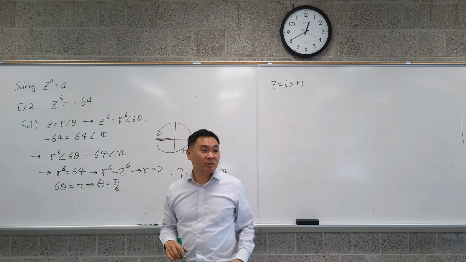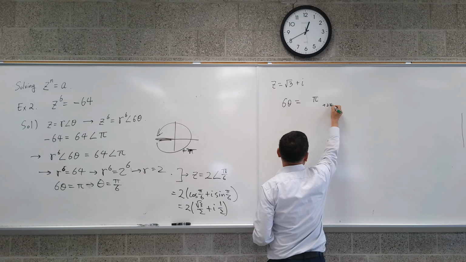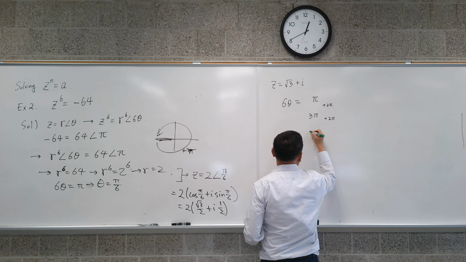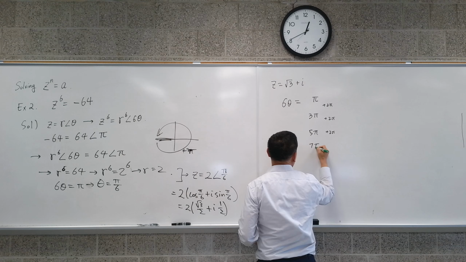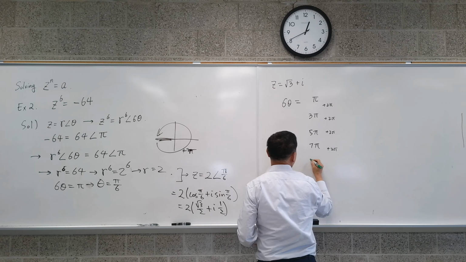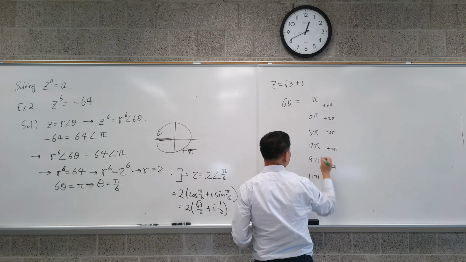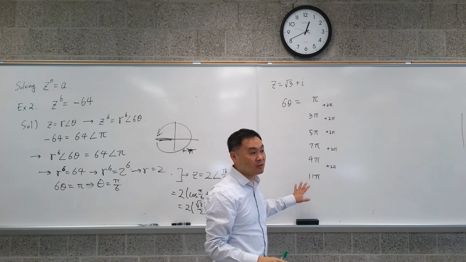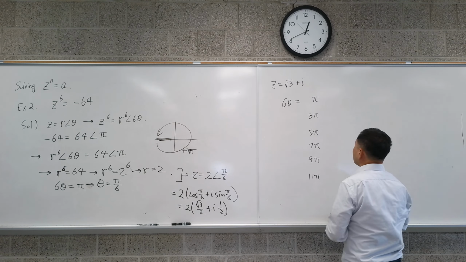So you have 6 theta that could possibly equal pi, or plus 2 pi you get 3 pi, plus 2 pi you get 5 pi, plus 2 pi you get 7 pi, plus 2 pi you get 9 pi, plus 2 pi you get 11 pi. How many do you get? 1, 2, 3, 4, 5, 6. So you stop, okay? These are all the possible angles.